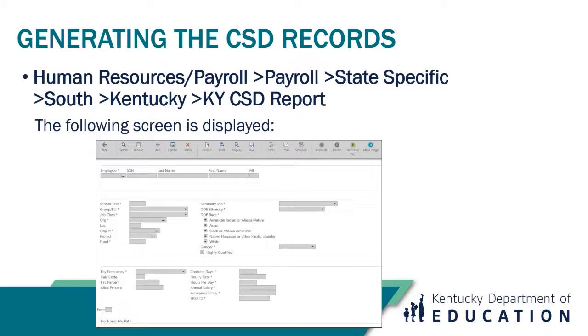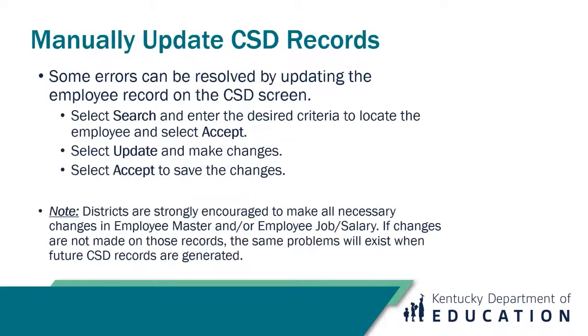So this is simply your path to generating the CSD records and the screen that you will see when you do. And you can manually update those CSD records. Some errors can be resolved by updating the employee record on the CSD screen. You simply select search, enter that desired criteria to locate the employee and hit accept. Select update to make any changes and accept to save the changes.